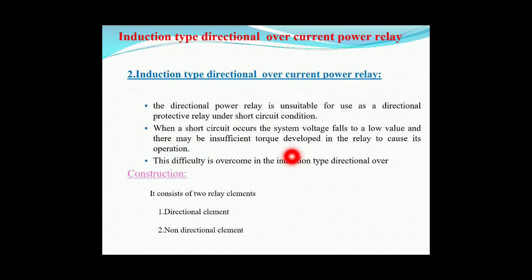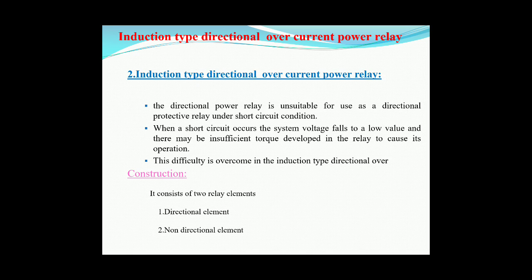When a short circuit occurs, the voltage is very low, therefore less torque is developed. We overcome this problem by using the induction type directional overcurrent relay.